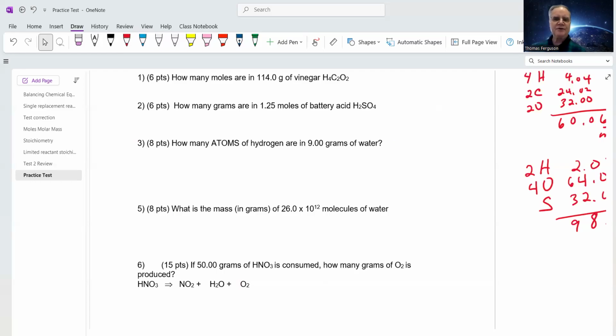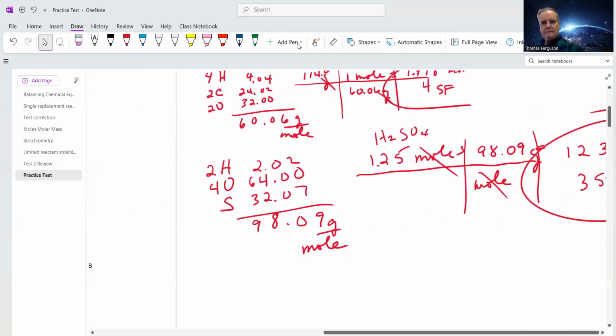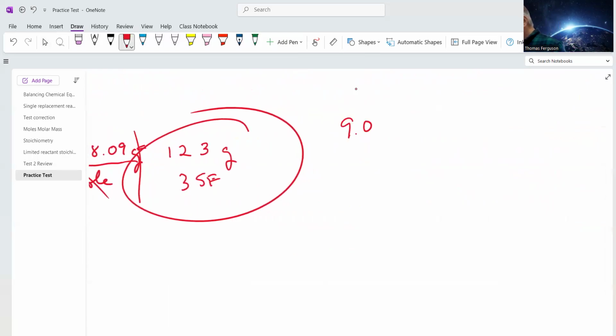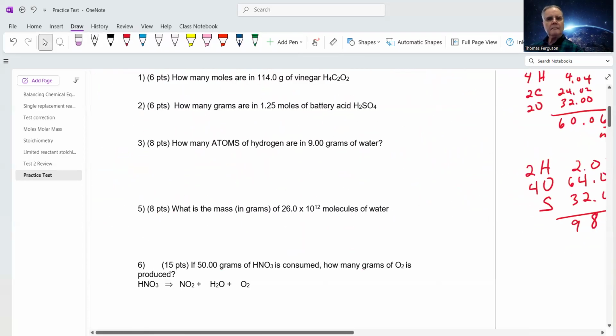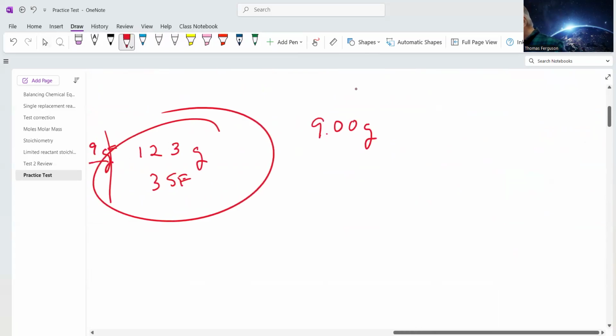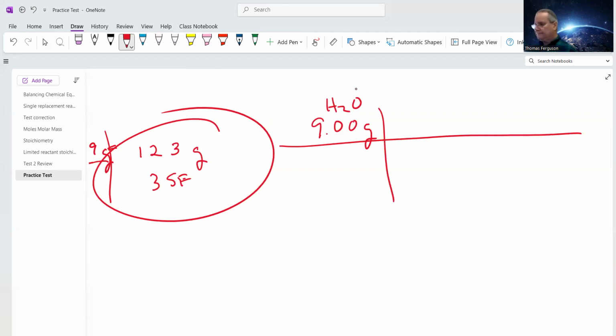How many atoms of hydrogen are in 9 grams of water? Water is 2 hydrogens, 1 oxygen.